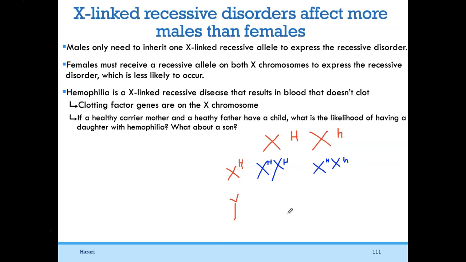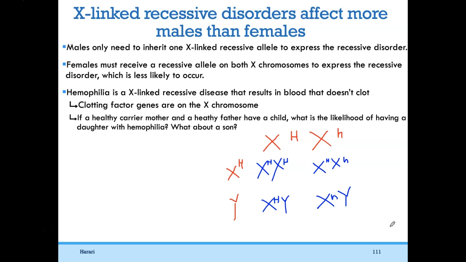This would be a healthy female as well, because there's still one copy of the healthy gene. What would be the phenotype and genotype of this individual here? This is a healthy male. And finally, what is the genotype of this individual here? This is an affected male.